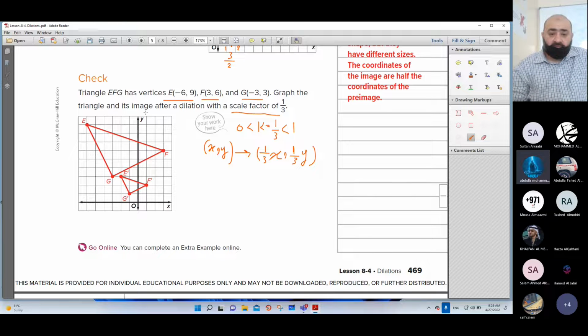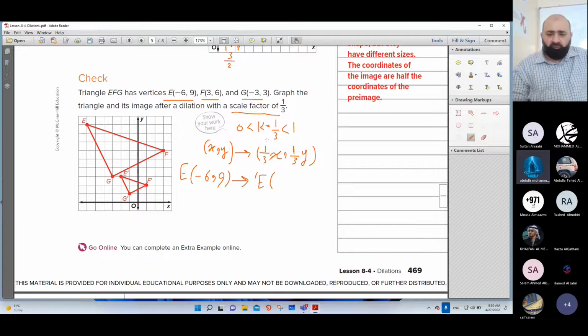So at first, we can draw or represent E, F, and G in the coordinate plane. You will get the first triangle. This is the pre-image. Then we want to find E prime, F prime, G prime. So when you have E (-6, 9), E prime will be multiply x by 1 over 3, or divide by 3.